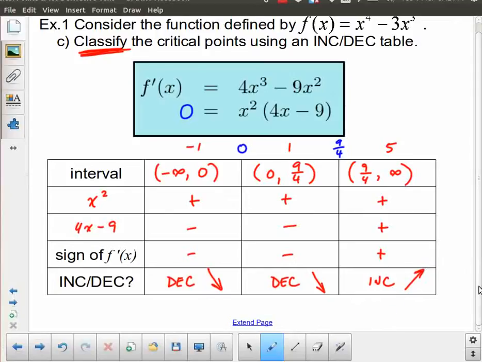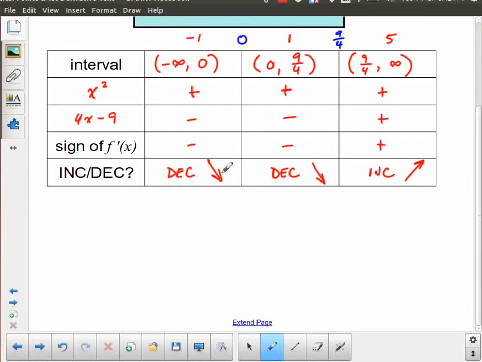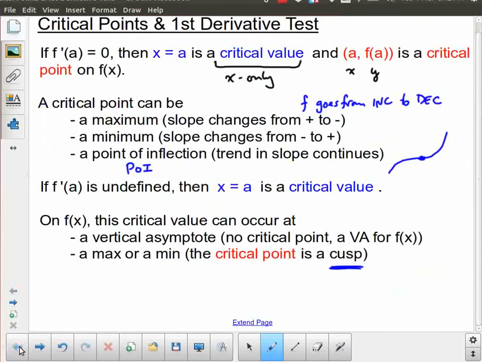Let me just go back and refresh your memory about our definitions. A critical point can be a maximum, which means the slope is changing from positive to negative. That would be increasing to decreasing. A minimum is decreasing to increasing, and a point of inflection is where the trend in the slope continues.